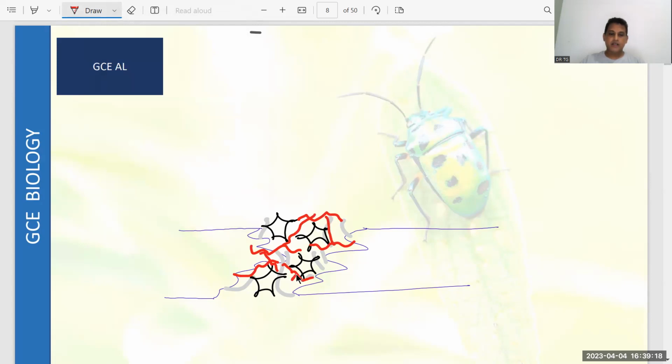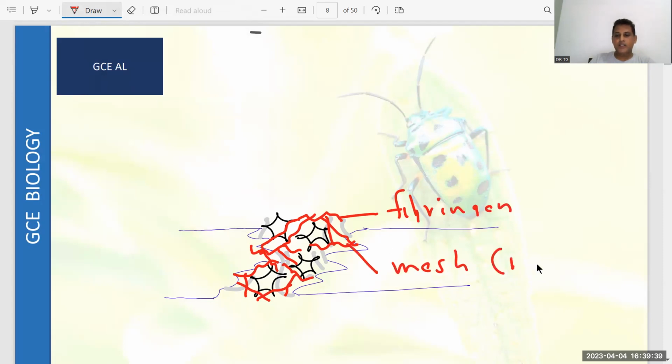The red molecules are insoluble fibrin. So what you can see now, platelets and fibrin make a net, called a mesh. Insoluble fibrin makes a net around it together with the activated platelets.